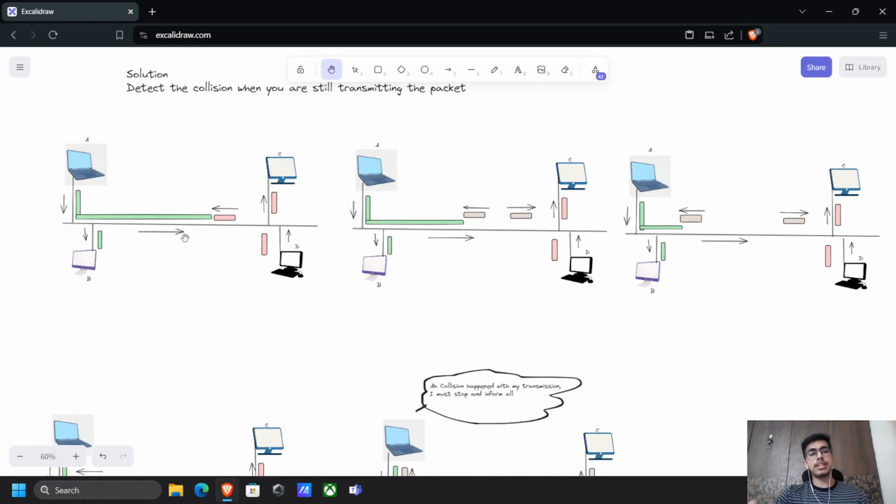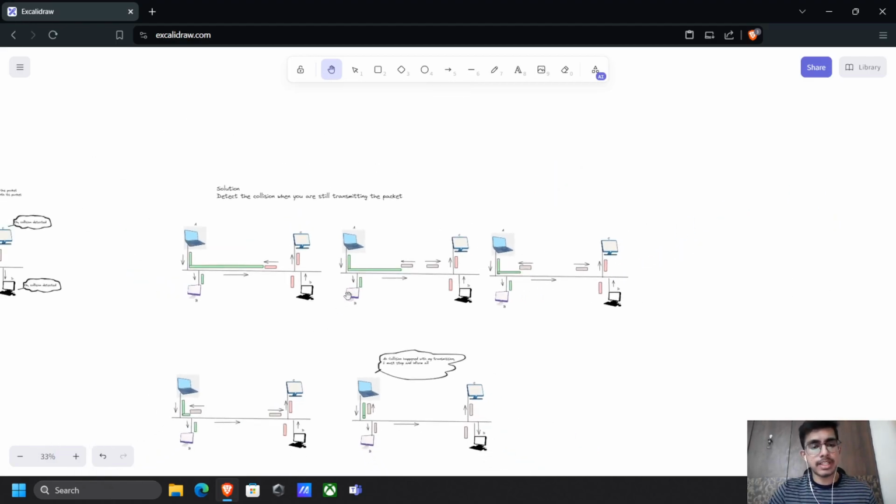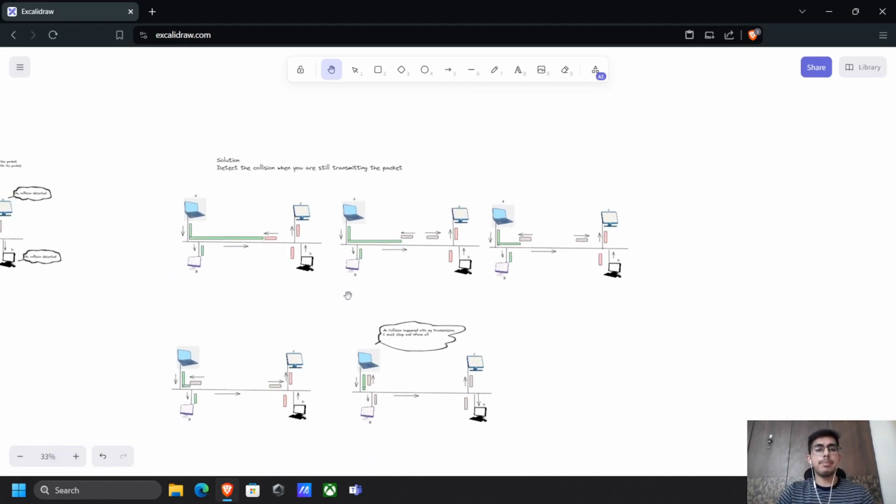This number, 64 bytes, has been calculated based on a few parameters. But this is the reason why the minimum length has to be 64 bytes, so that while A is still transmitting, it can receive the jumbled packets, detect the collision and take actions appropriately. So that explains the whole story behind the number 64 bytes, right?